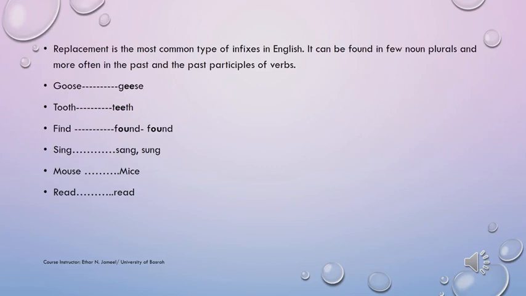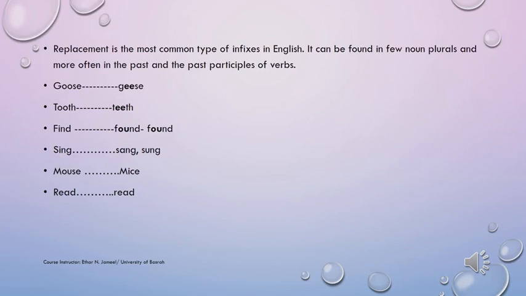The only way to make it past and past participle is to replace I in find with ow in found. So we have an infix in found. The infix here is a morpheme.